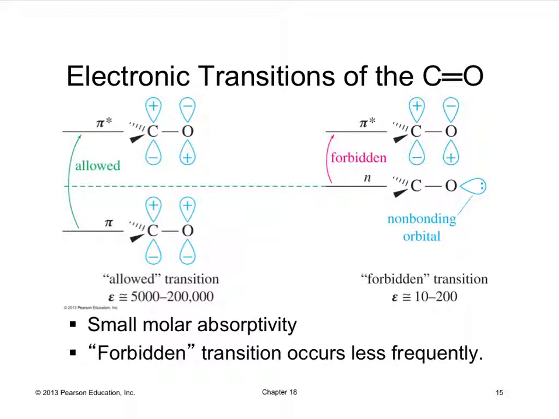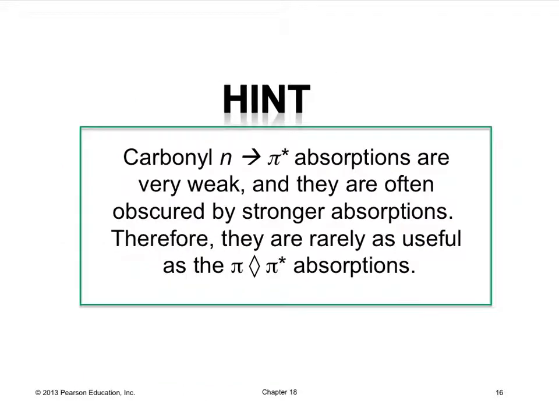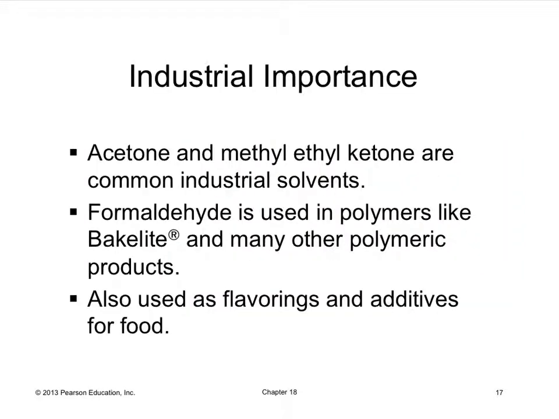If we go from the non-bonding orbital into pi star, the n to pi star transition is forbidden. So an important thing to note is that carbonyl n to pi star absorptions are very weak and are often obscured by stronger absorptions. Therefore, they're rarely as useful as the pi to pi star absorptions.